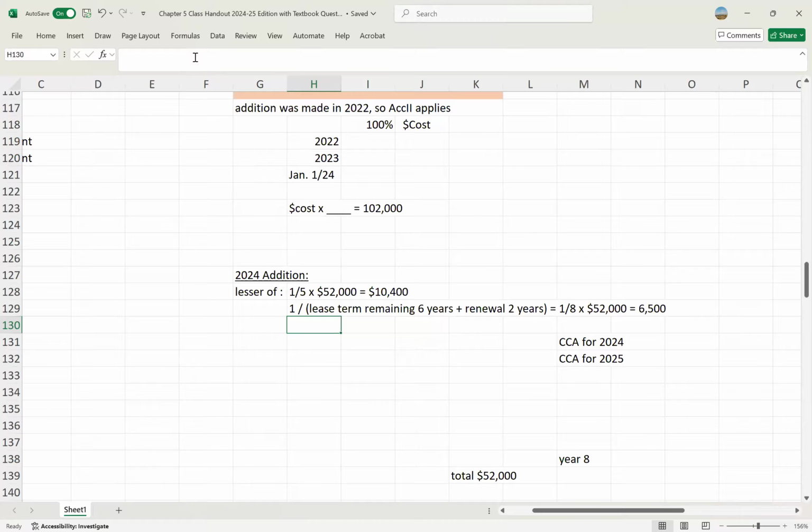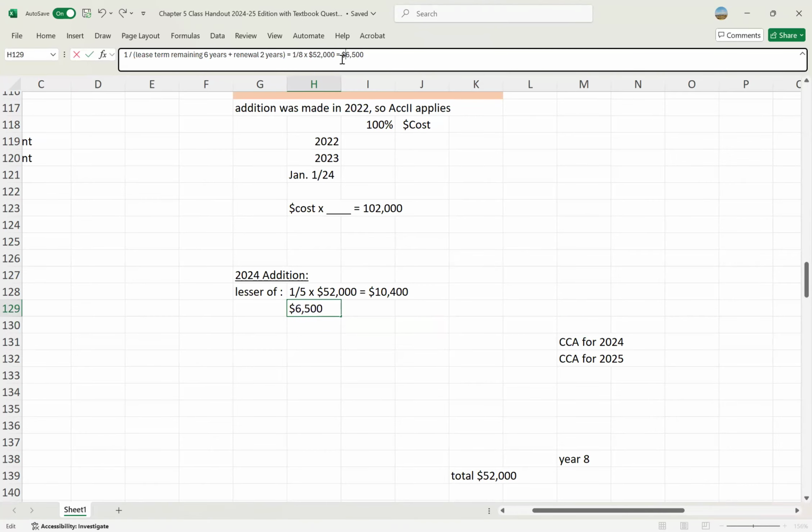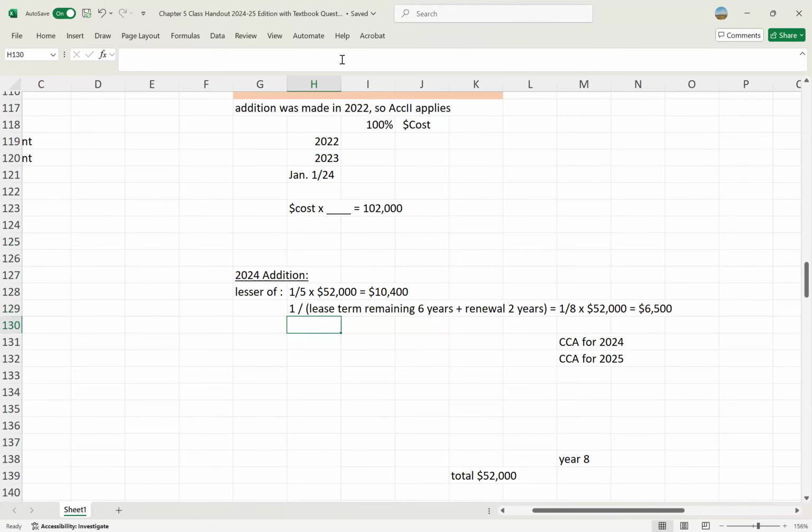And so that's what it meant by straight line. If you remember from the CCA rates table, it said this is straight line, meaning that we take the same amount every year. So for 2024, we would take 6,500. For 2025, we would take 6,500. And we would do that for every year: 2026, 2027, 2028, 2029, 2030.